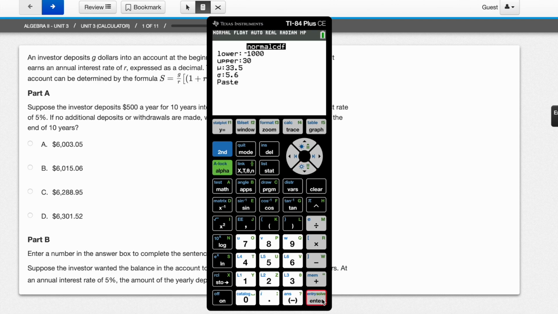Lower bound in this case is 40. Upper bound is 1,000. Mean is 33.5 and standard deviation is 5.6. Enter, enter. This is my answer.